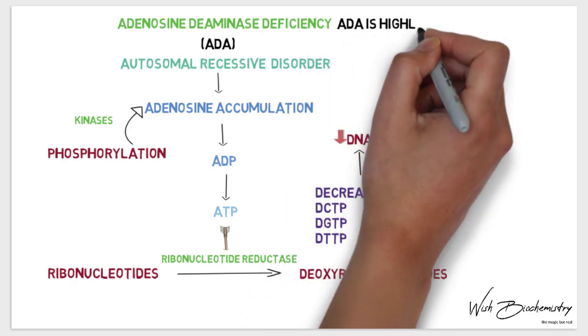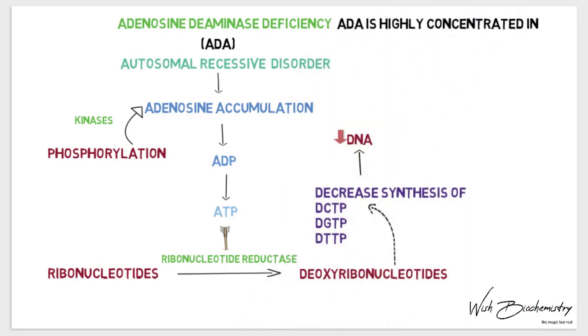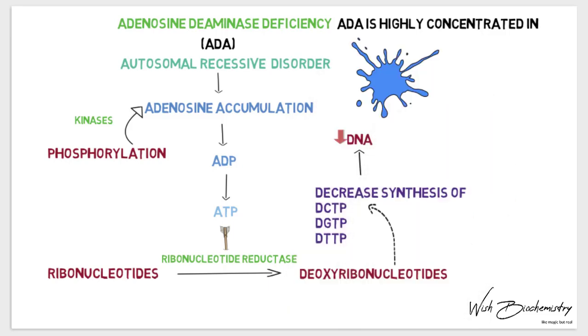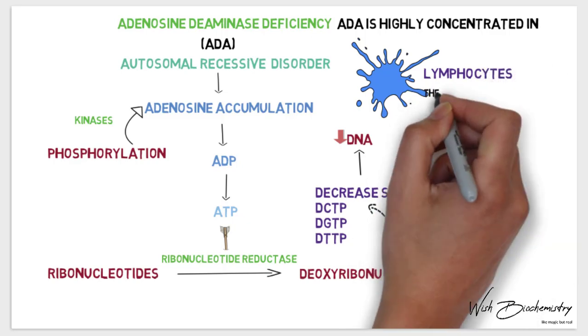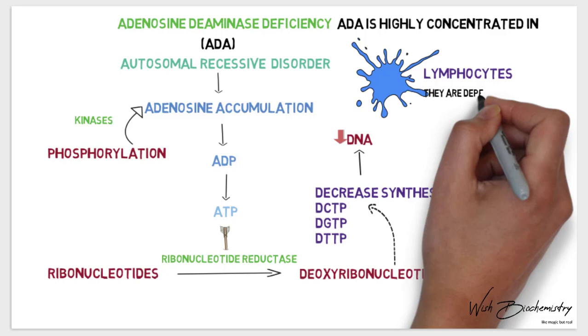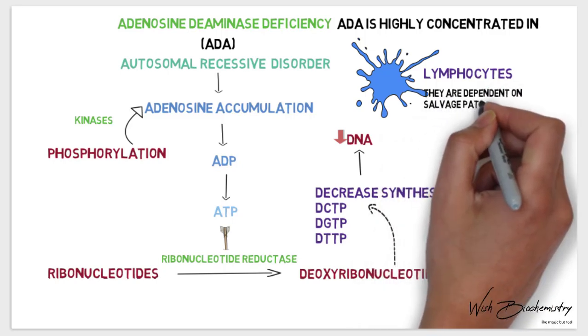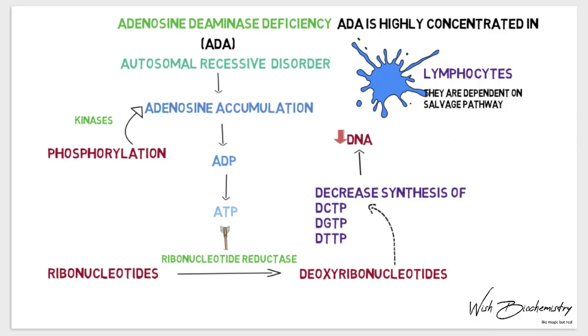Adenosine deaminase is highly concentrated in lymphocytes. Build-up of deoxyadenosine is harmful to lymphocytes, which are dependent on the salvage pathway. As a result, they are unable to grow, repair, and fight infections.